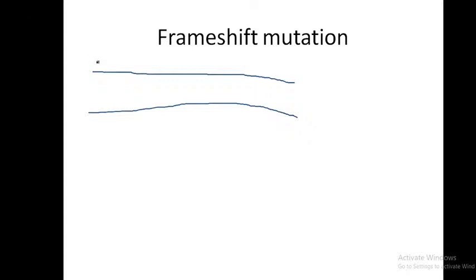If this is a normal sequence, that is, these are the triplet codons, GUC, and this is the sequence, you can see here, G, C, U. This is a normal sequence, a normal wild type.